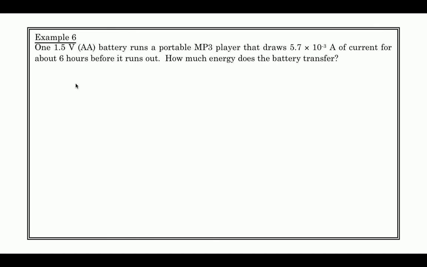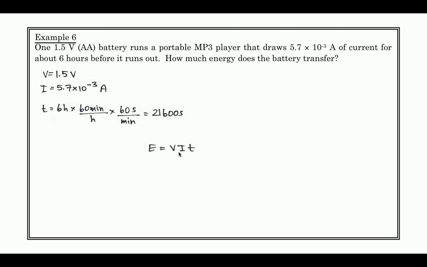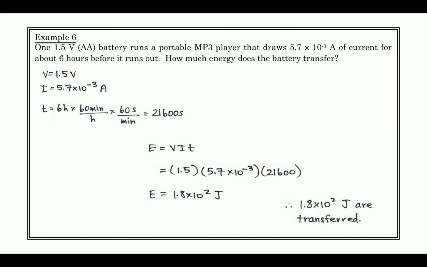What's happened is that we've got 1.5 volts giving this much current for 6 hours, and then it runs out. How much energy is that? Well, there's a couple things that we know. Of course, 60 minutes in an hour and 60 seconds in a minute, that's 21,600 seconds. And if I say E is equal to VIT, and I multiply these things out, I get 1.8 times 10 to the 2 joules, so about 180 joules of energy are transferred.